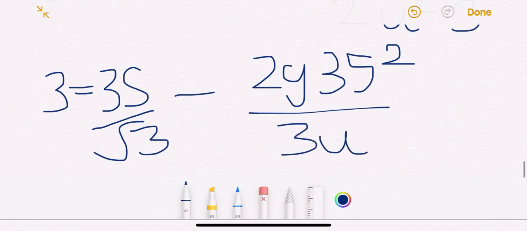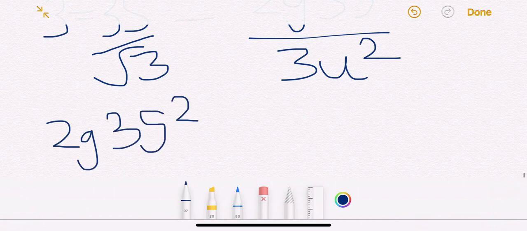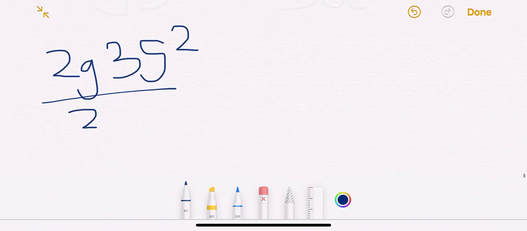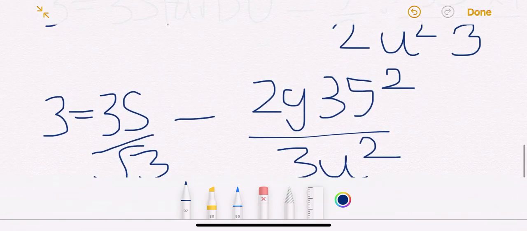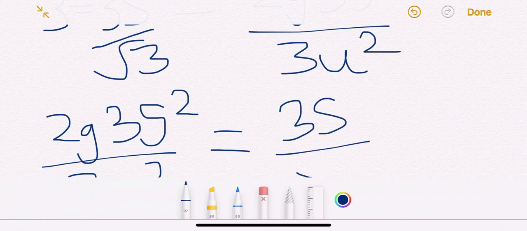All we now need to do is make u the subject of that. So if we add the 2g times 35 squared over 3u squared to one side and then subtract the 3 from the other, we have 2g times 35 squared all over 3u squared equals 35 over root 3 subtract 3.